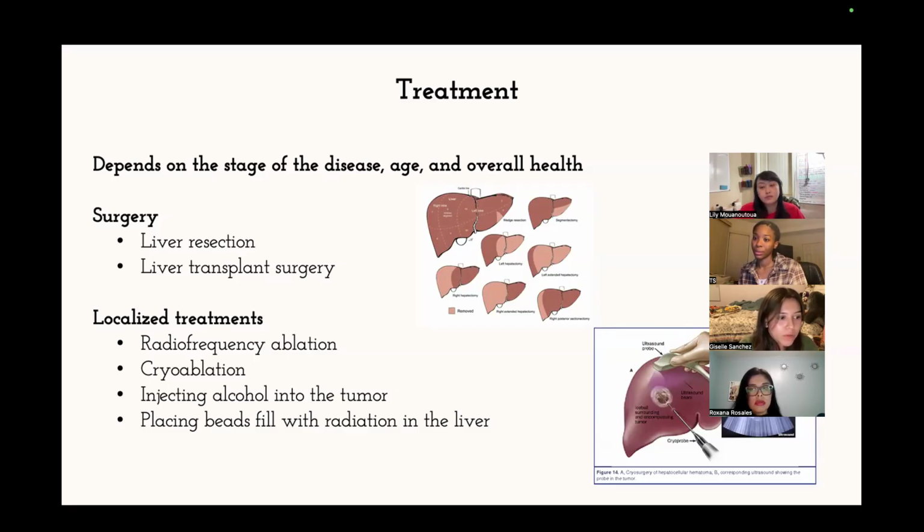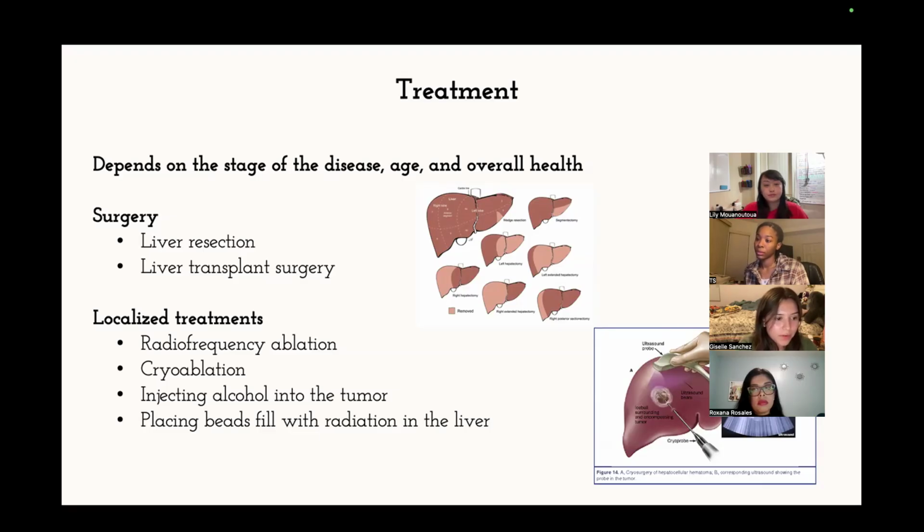But it just depends on where the cancer is located and how well the liver is still functioning. And if they're not able to do a liver resection, then they would take into consideration liver transplant surgery, which is basically where they take the affected liver and replace it with a healthy one. But in order to have this, the cancer would not have been able to spread beyond the liver.